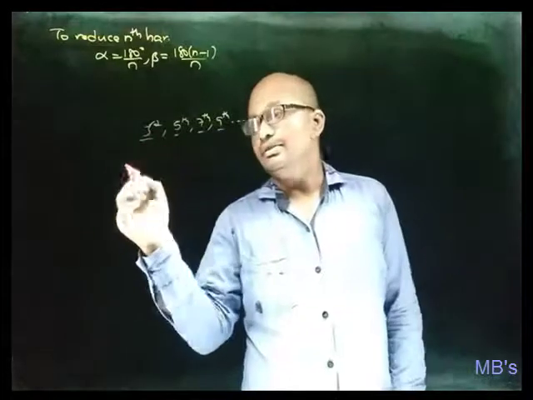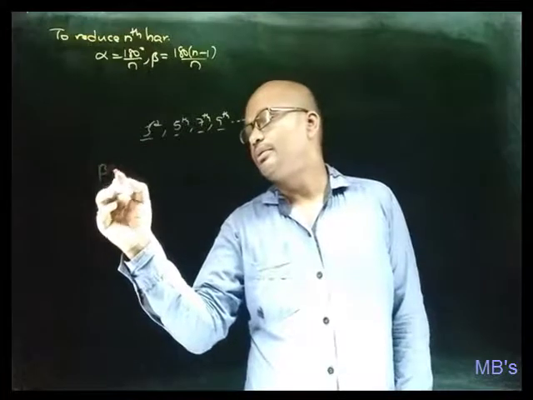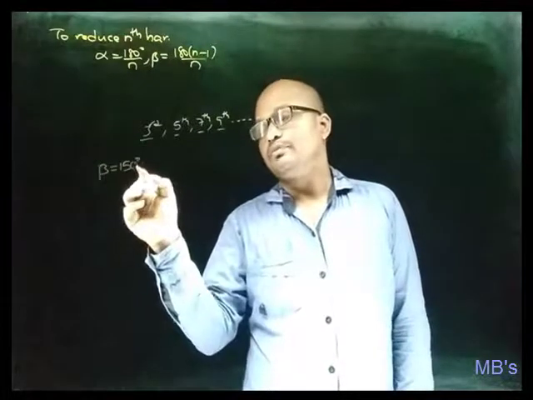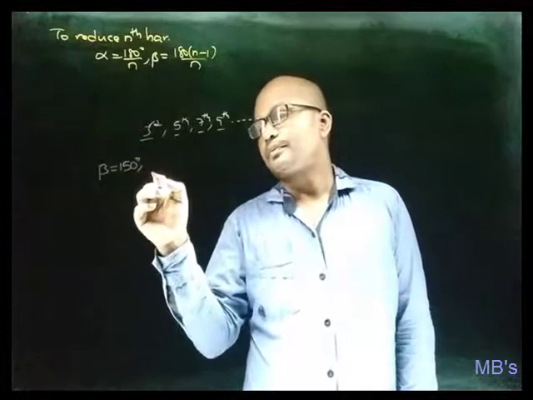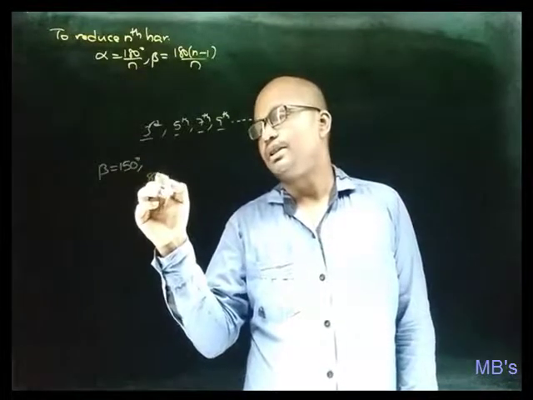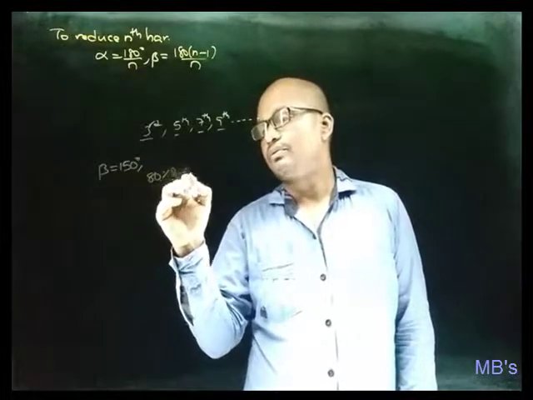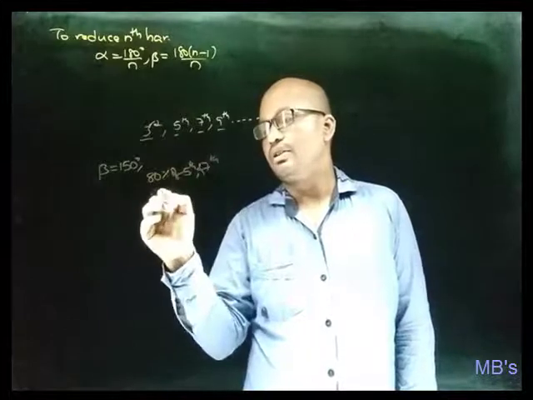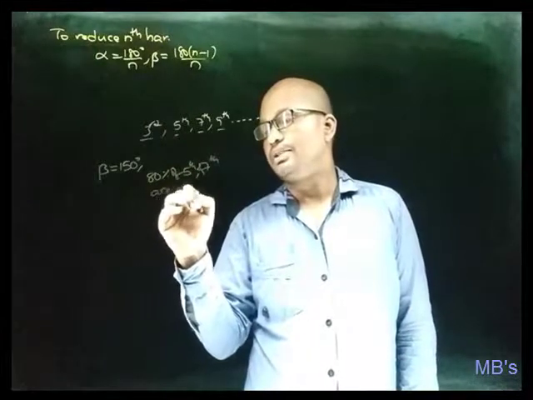In alternator design, beta is generally maintained at 150 degrees. So with 150 degrees of coil span, 80% of 5th and 7th order harmonics are eliminated.